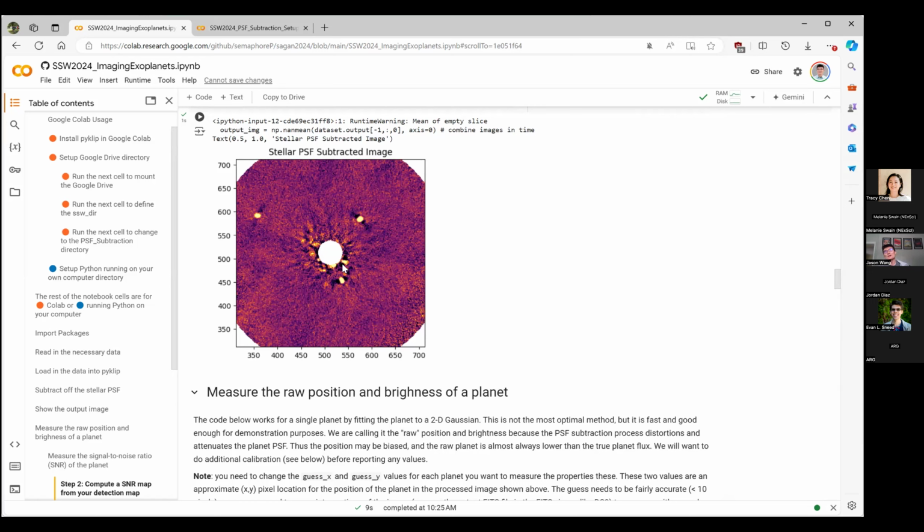We know now it is a real planet, but this is why in the initial discovery paper for this system, HR 8799, the first paper only reported the discoveries of the first 3 planets, because this 4th planet was not as significant. If you run the other data set, the 2021 data set, you'll see that this planet is a lot brighter and a lot more detectable. But in this initial data set that we're running as part of the tutorial for the Tuesday session, you can see that it's a much weaker detection.